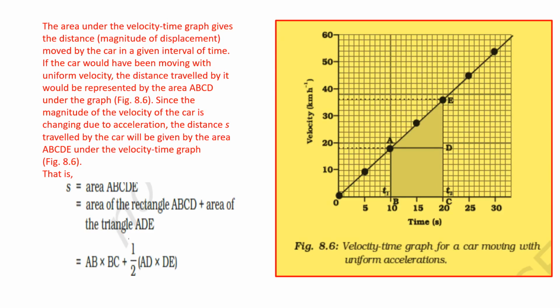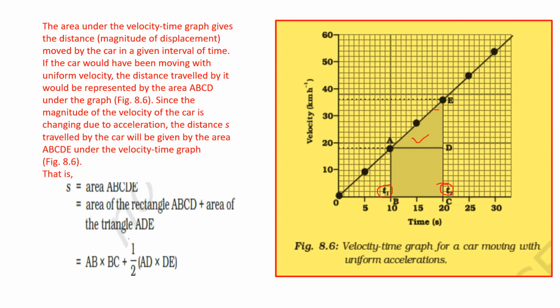Now as we have done earlier in velocity time graph, the area under the graph gives the displacement. So in this case also the area under this graph in time interval t2 and t1 is equal to area of this triangle ADE and area of rectangle ABCD.